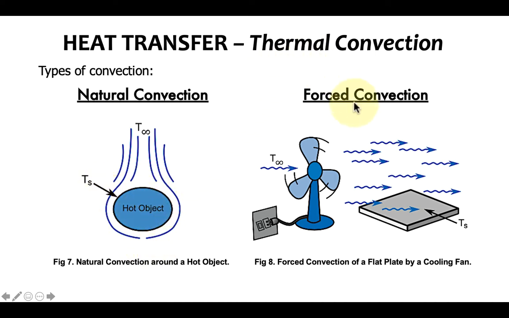And then we have the figure of an example for forced convection, which is used in designing heat exchangers in which one fluid stream is used to heat or cool another fluid stream, like a flat plate here being cooled by forced convection from this fan.